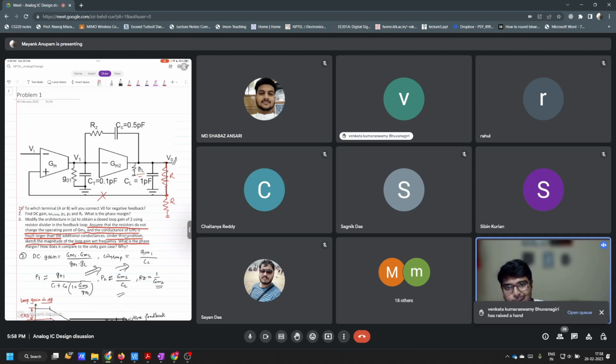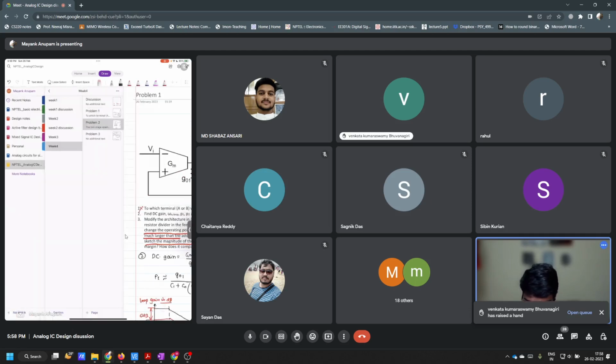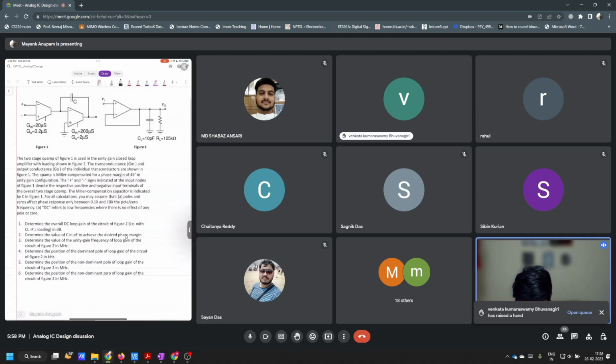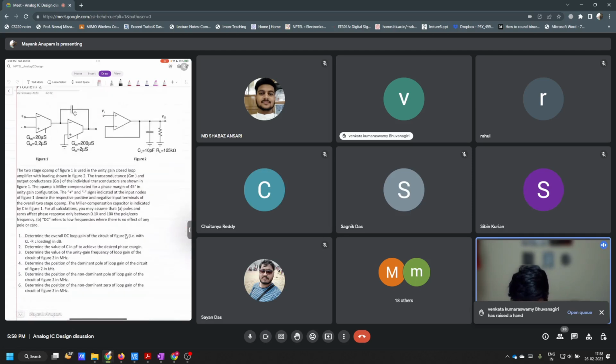I have seen them framing questions like this: if they want you to consider the load resistance also, then they explicitly mention it there, that find DC gain with the load resistance. Like this problem, this is one question, right?